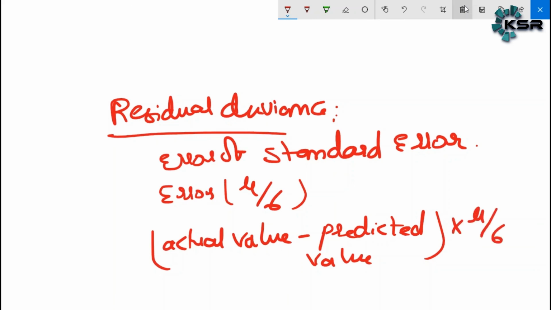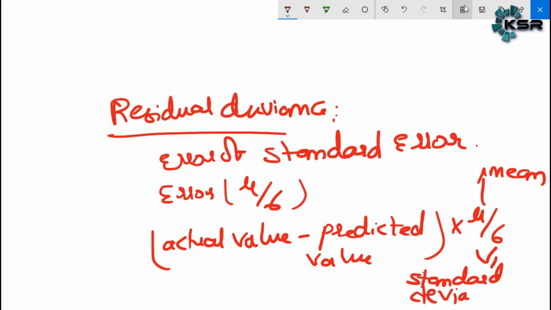Mu is nothing but the mean value, and sigma is nothing but the standard deviation.